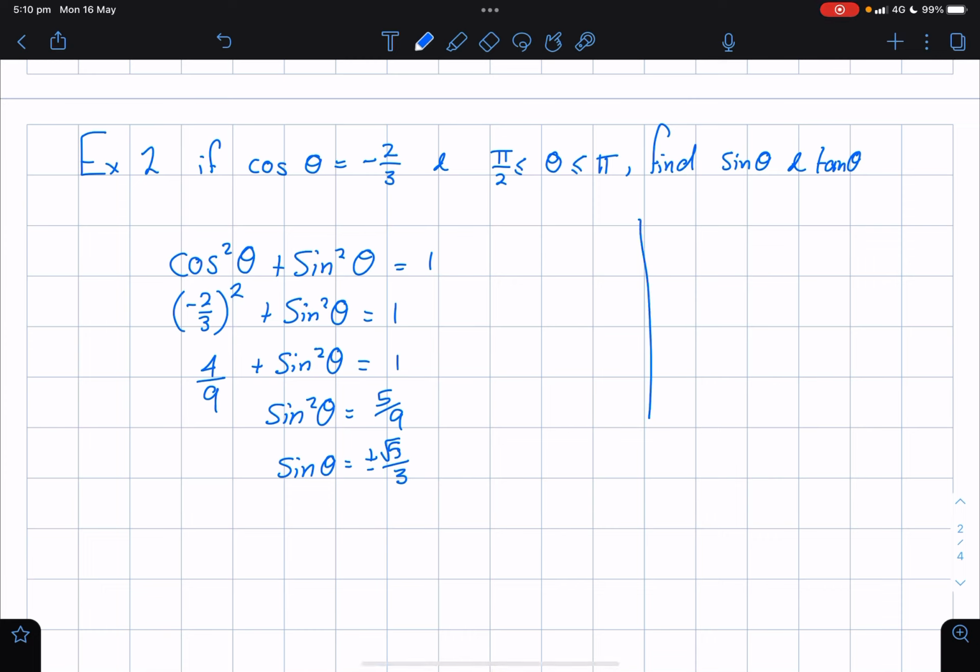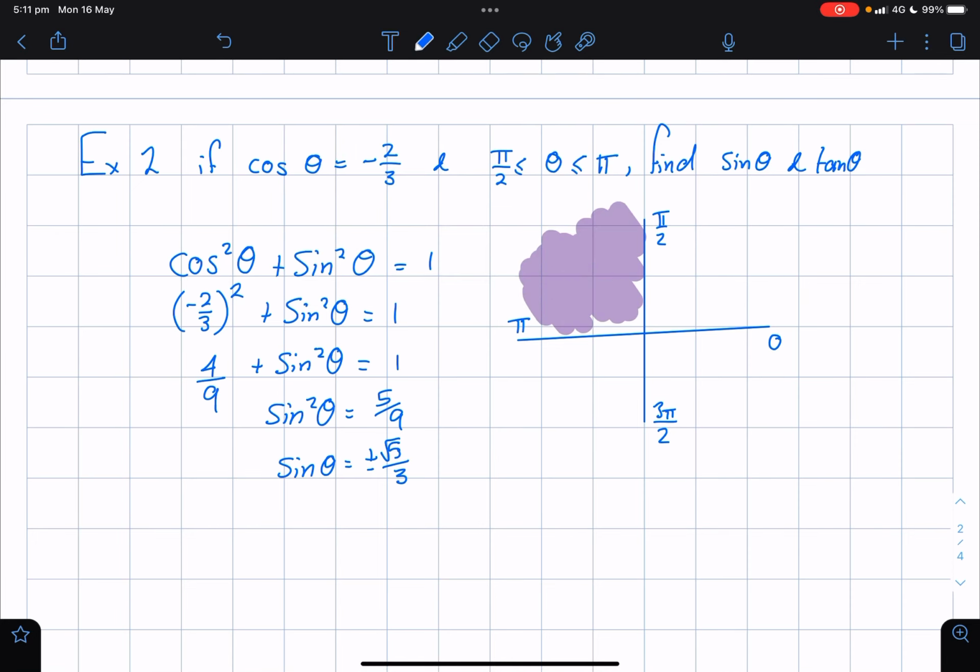So if we're looking up here, we've got 0, pi/2, pi, 3 pi/2, and we're looking for theta between pi/2 and pi, which is this area I'm highlighting. Because we're looking at sine theta, we know that's our y value. So our y value needs to be in this quadrant, where we know it's above 0. That means we reject the negative value and we're just left with root 5 over 3.